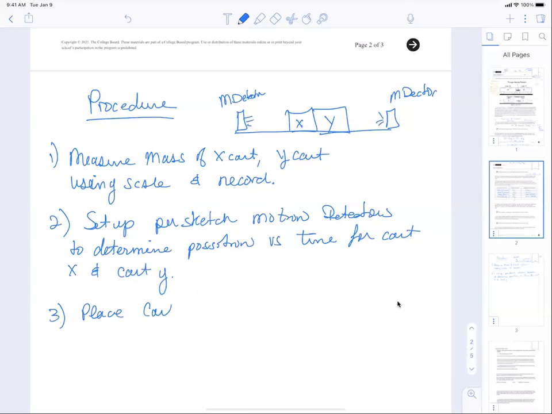Place cart X and Y on level track, okay? The track needs to be level.